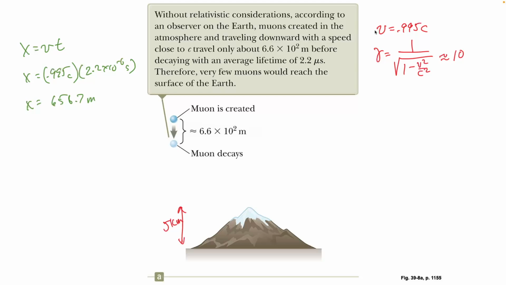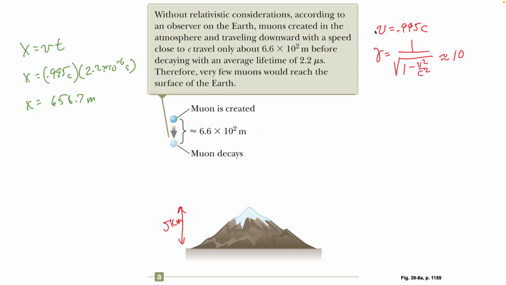We reach for relativity. Because from the point of view of the mu meson, what is this number? Is this a proper time or a dilated time? That's a proper time. This is known as the decay rate in the rest frame of the mu meson, meaning it's not moving. This is a proper time.